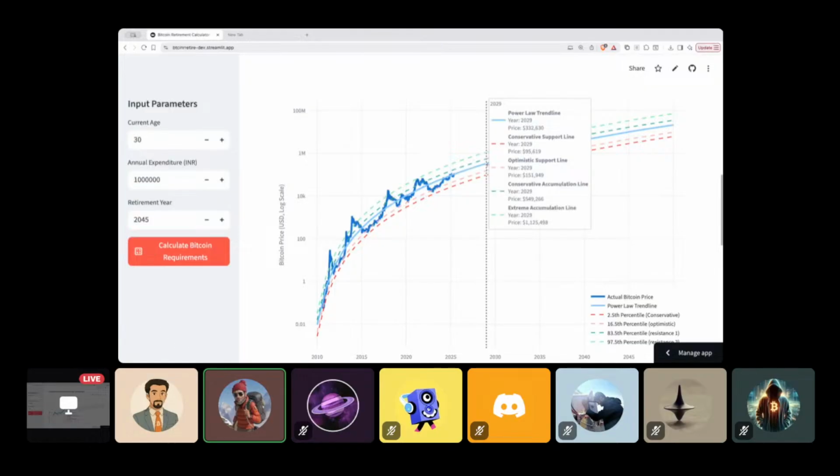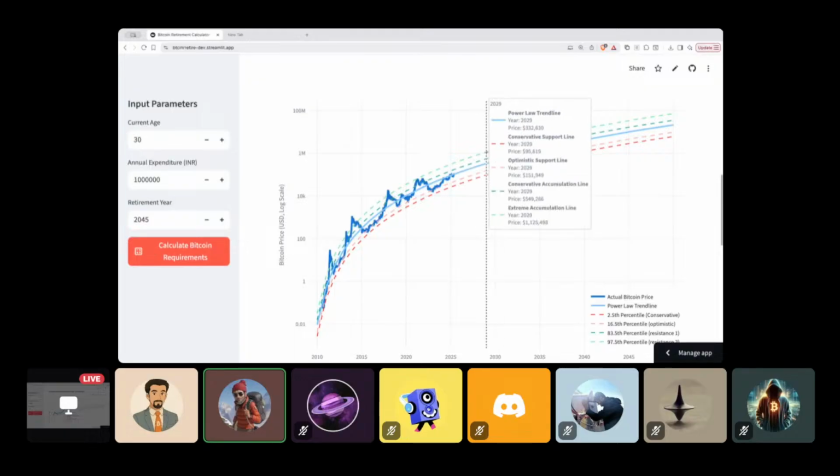And this light blue line is itself the power law trend line. And above it, you have the 83.5th percentile line, and the final one is the 97.5th percentile line.